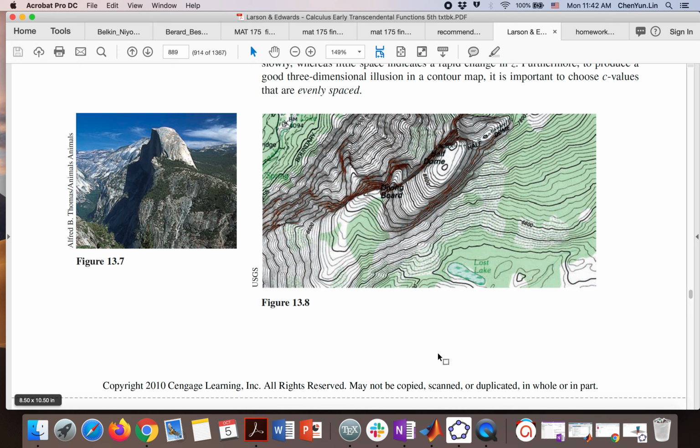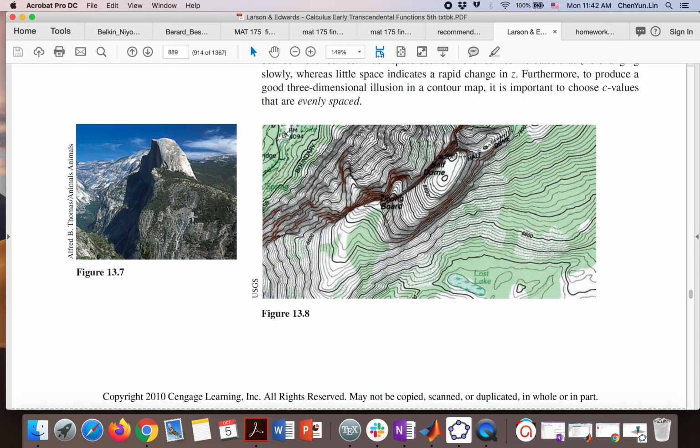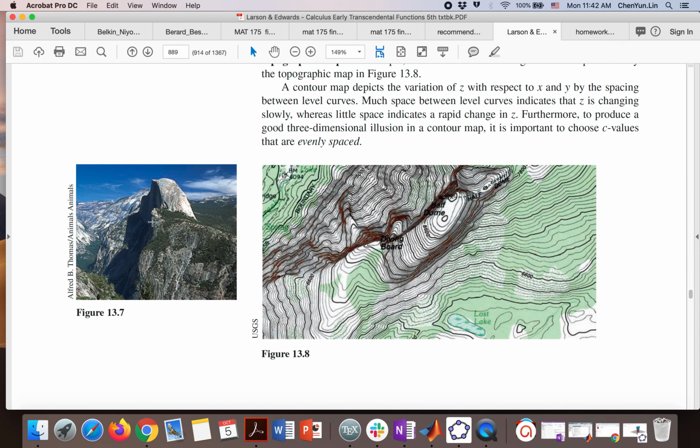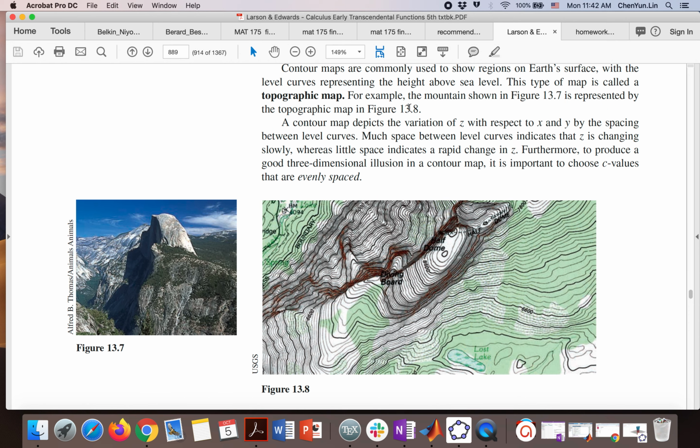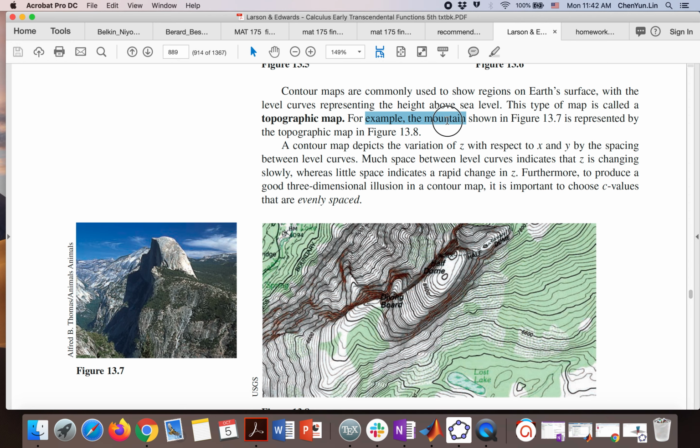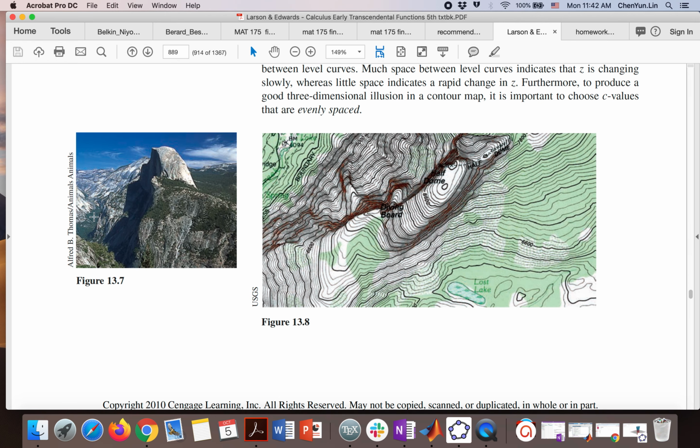Okay, so here's an example. We have a mountain over here. Which mountain is it? It says the mountain, it doesn't say which mountain. I was just curious. So we have a mountain, and suppose we only care about it locally. We don't care about what happens on the entire Earth, just a small region.